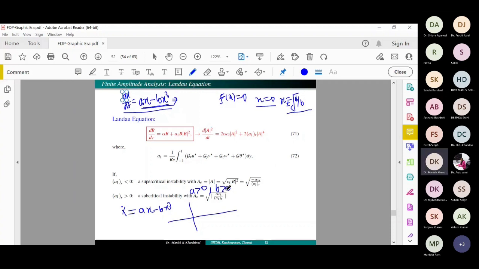So this is the scenario. Now we plot ax - bx^3, and if a is greater than 0, it is going to look like this. Generally, we define the directions like this. If we go in the negative x direction and the graph is negative, then we put the arrow in that direction.